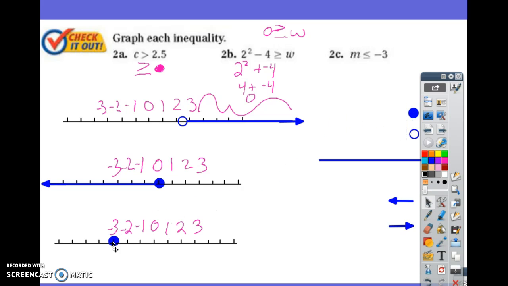We're going to put it right on that -3. M is less than or equal to -3, so again, we are going in the direction over here. Grab our arrow because we're going that way, and we're going to be headed in that direction.